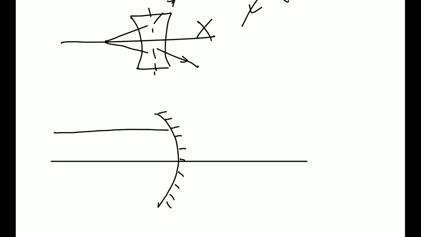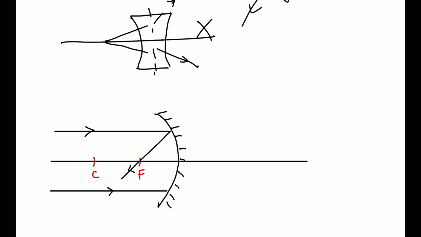If the rays are coming parallel to the principal axis, they converge at the focus of the mirror. No matter how many rays come, they are going to converge at your focus.